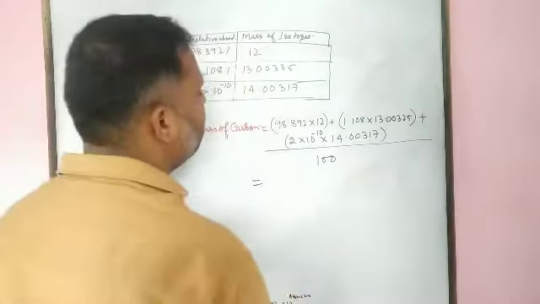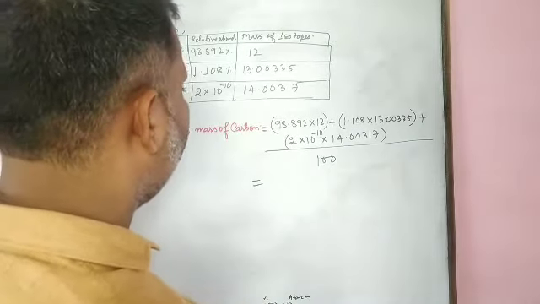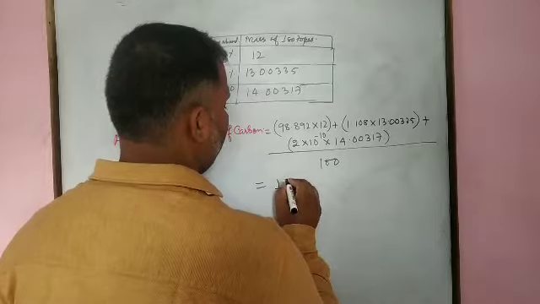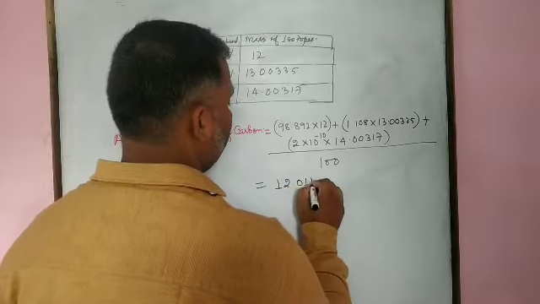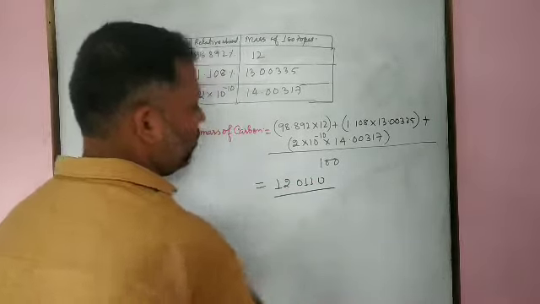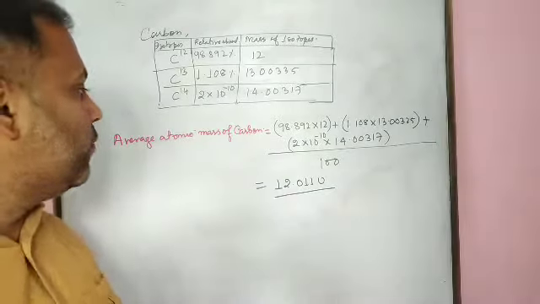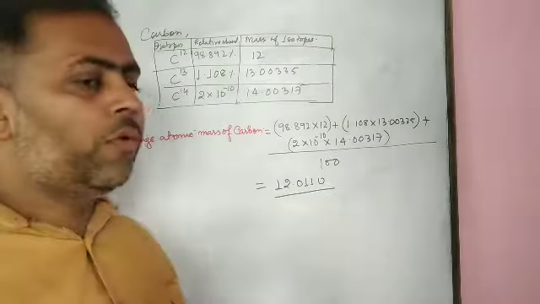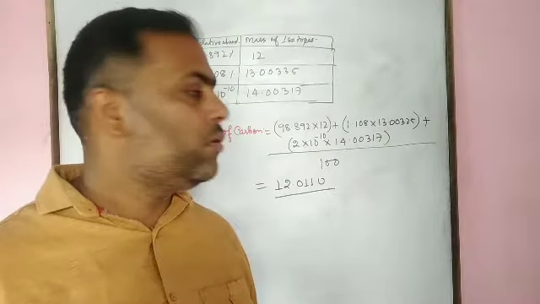That is equal to, when we multiply, what will we get? 12.011. When you solve it, you will get the average atomic mass of carbon as 12.011.